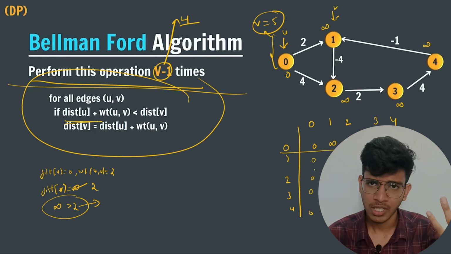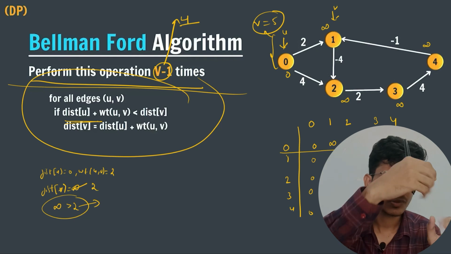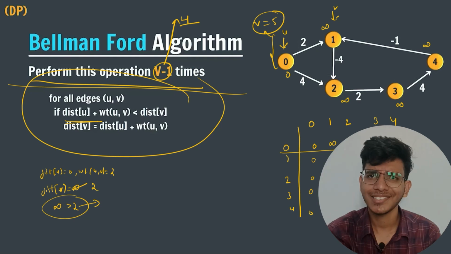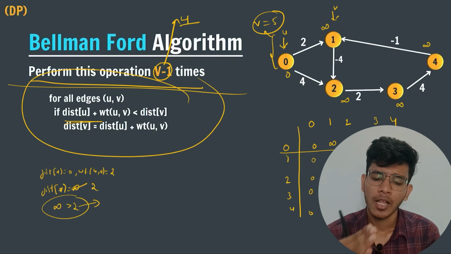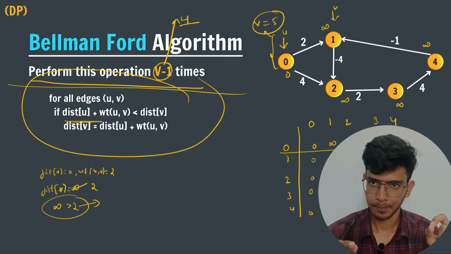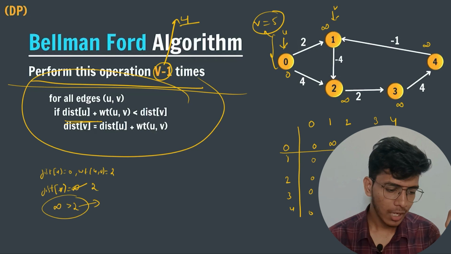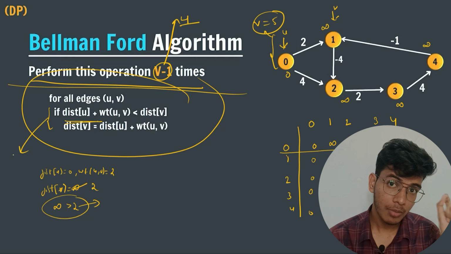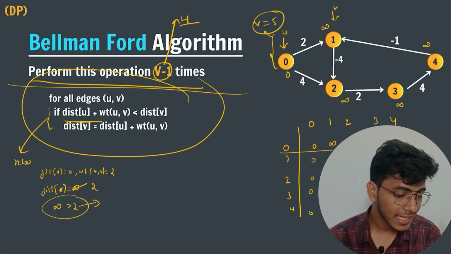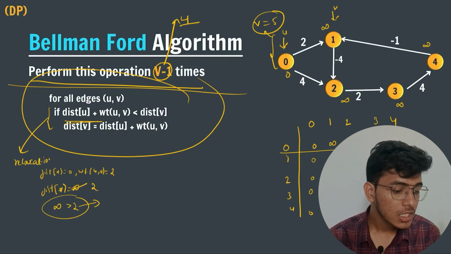At each and every iteration, the distance from 0 to 0 will remain 0, right? So I don't need to check for the first node. Now for 0 to 1, I have calculated from this formula. We call this formula the relaxation step.